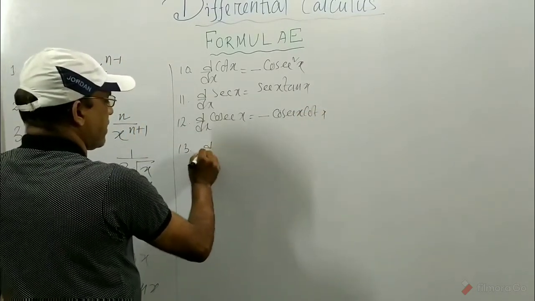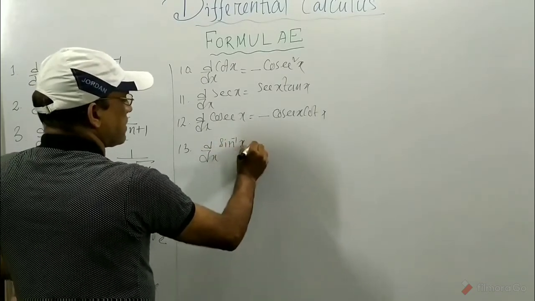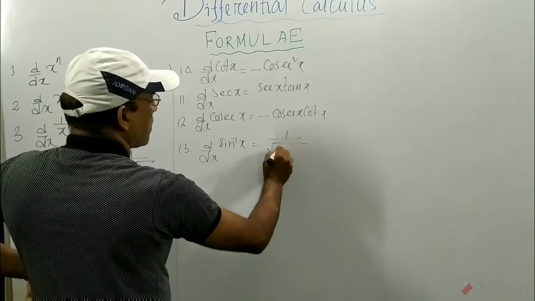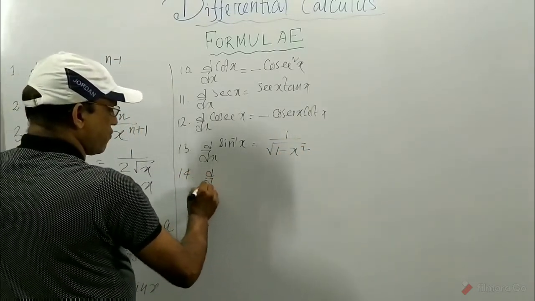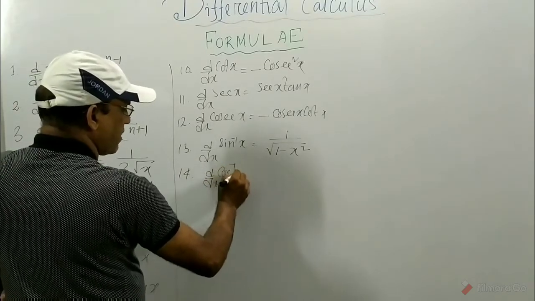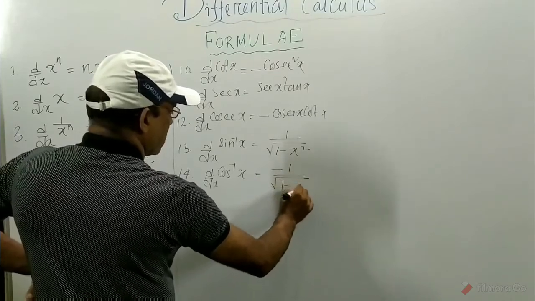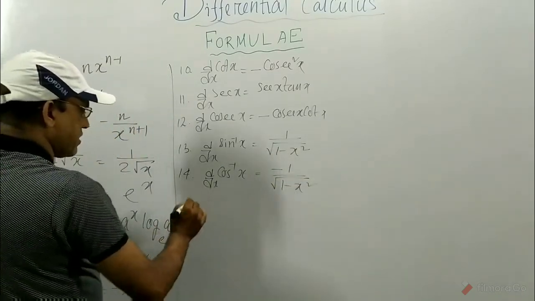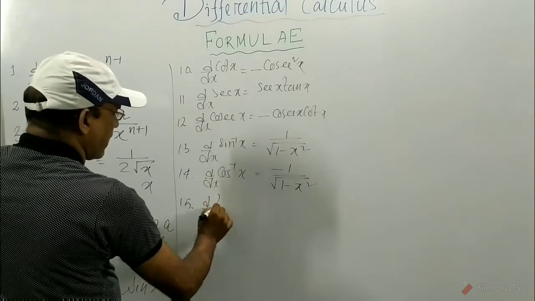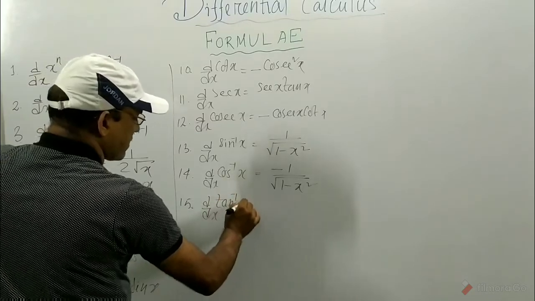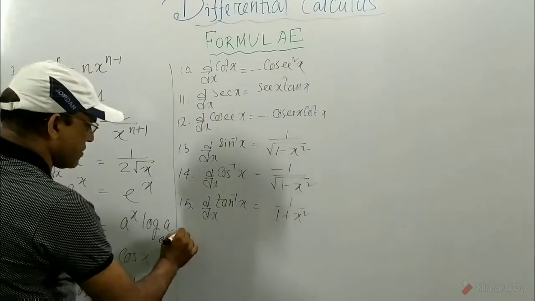Number 13, d/dx of sin inverse x equals 1 by root over 1 minus x square, and number 14, d/dx of cos inverse x is minus 1 by root over 1 minus x square. Number 15, d/dx of tan inverse x equals 1 by 1 plus x square.